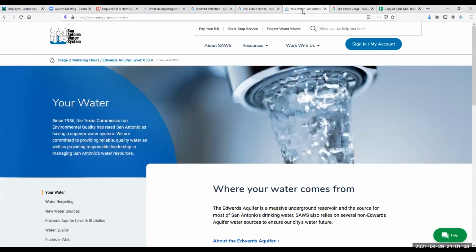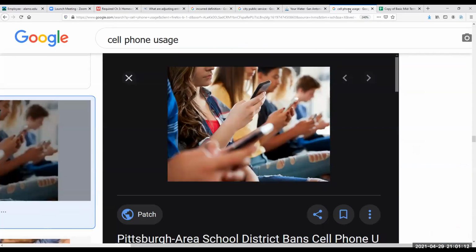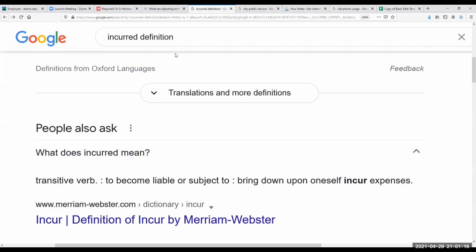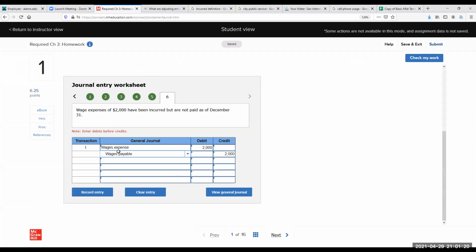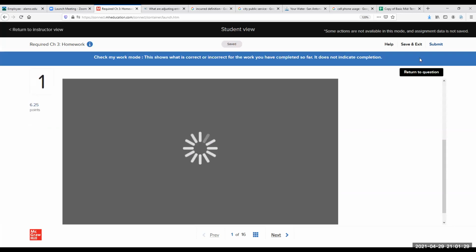When you use the water all month, you've incurred water expense. When you use your cell phone all month, you have incurred expense. You're liable to those companies. You have incurred expenses. But the way you say it here is you incurred expenses by using employees, and then you have a wage payable.